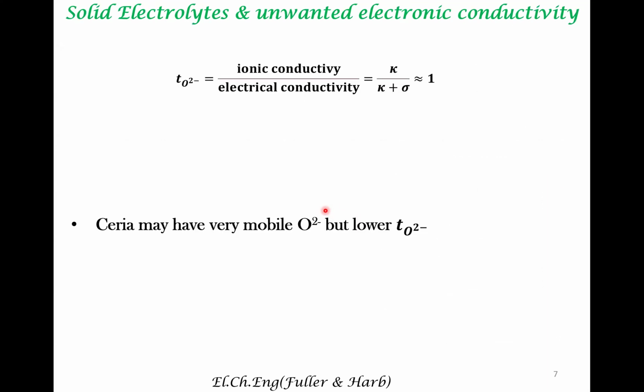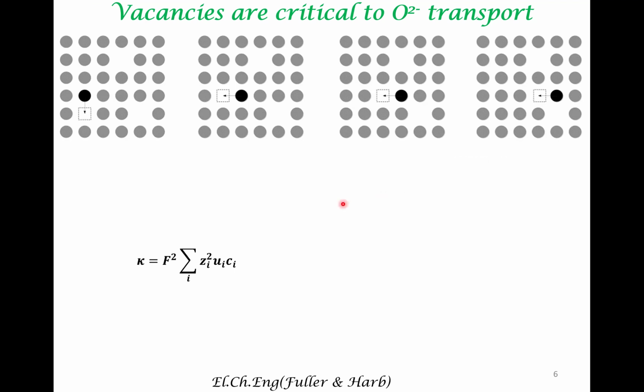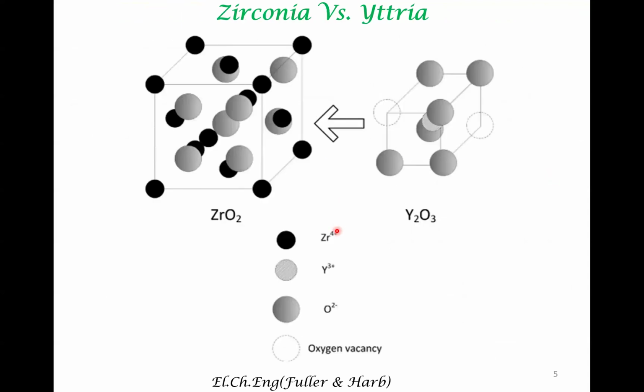Moving further, another important aspect is that whenever we have an aliovalent doping, what do we mean by that? That is, the dopant has a different charge. This is a trivalent dopant that is substituting for a tetravalent host cation.